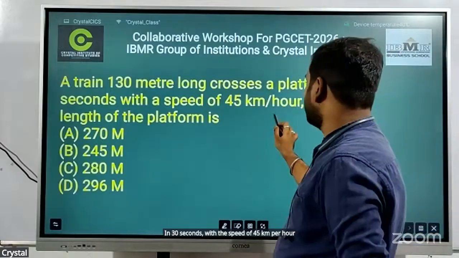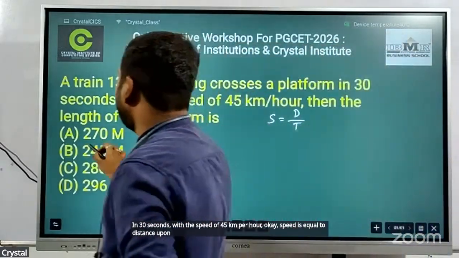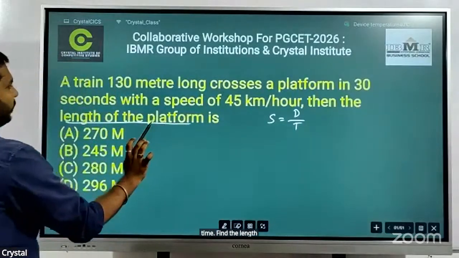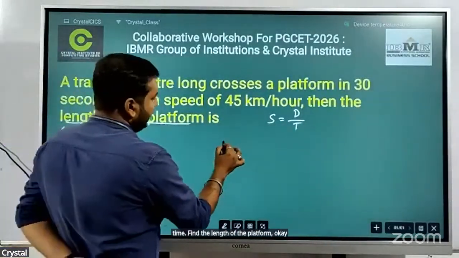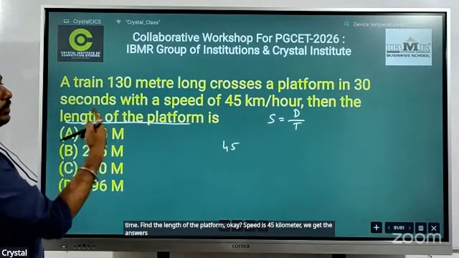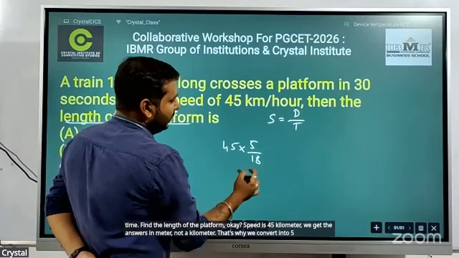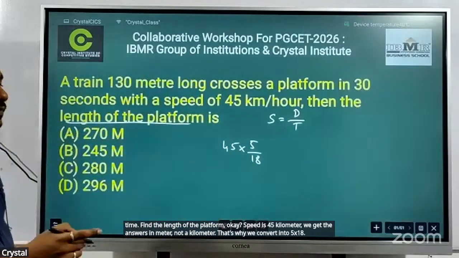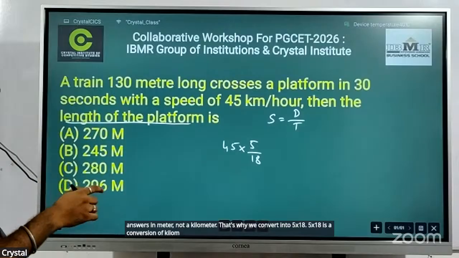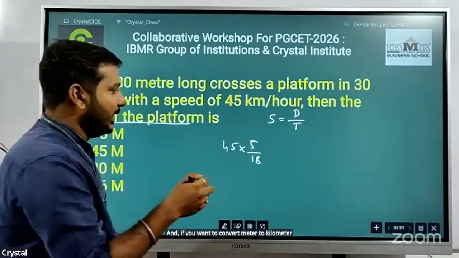Okay, speed is equal to distance upon time. Find the length of the platform. Speed is 45 kilometers per hour. We need the answer in meters, not kilometers. That's why we convert using 5 by 18. 5 by 18 is the conversion of kilometers per hour to meters per second. And if you want to convert meters per second to kilometers per hour, use 18 by 5.